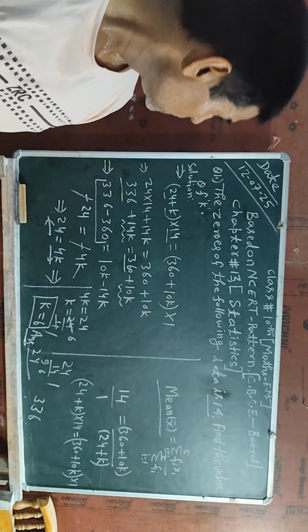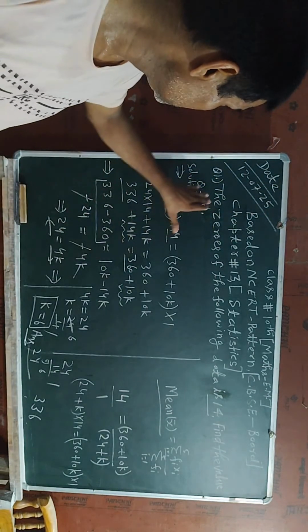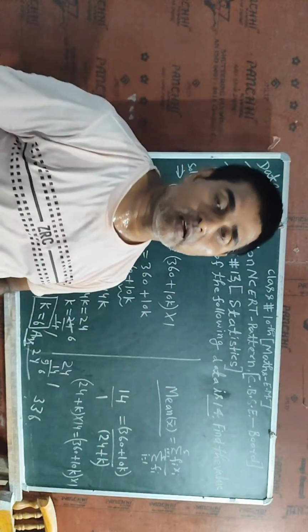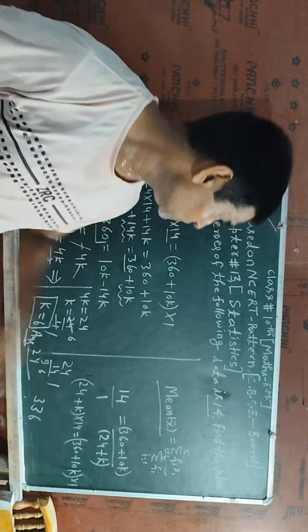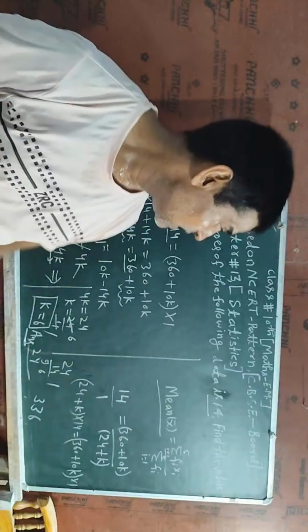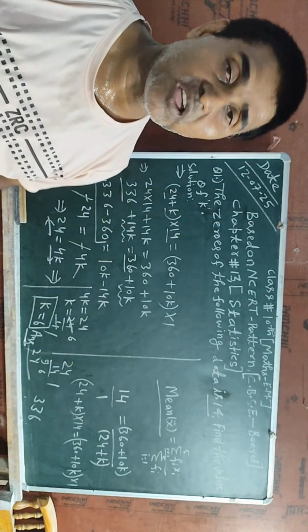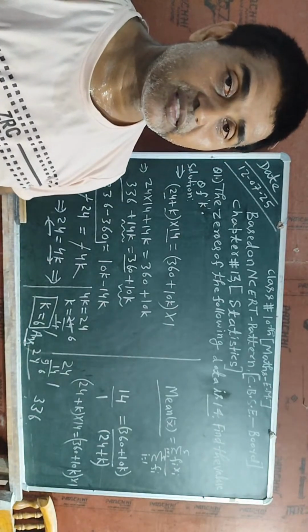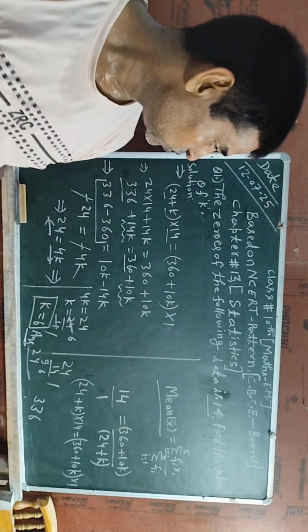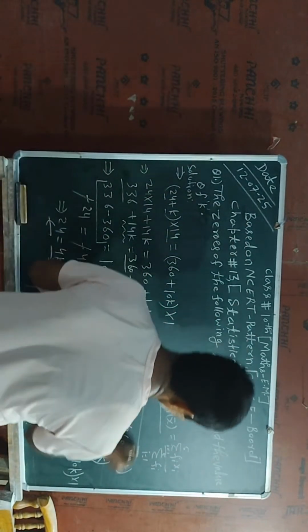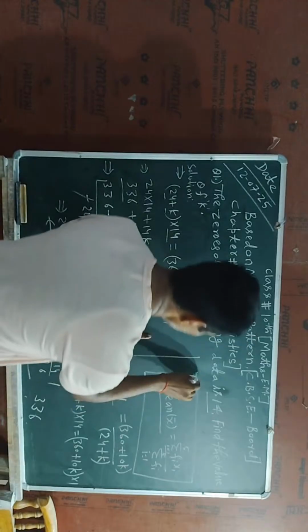So here the question was such that one data which is given in ungrouped form and the mean value is also given there, 40. Then one unknown parameter is available there, so we have to find the value of that parameter. So I have used the mean formula for getting the unknown value.